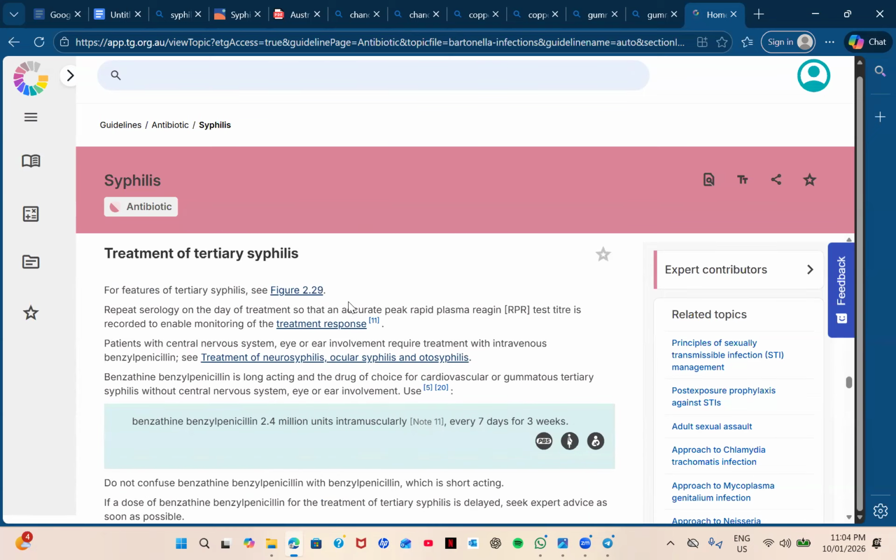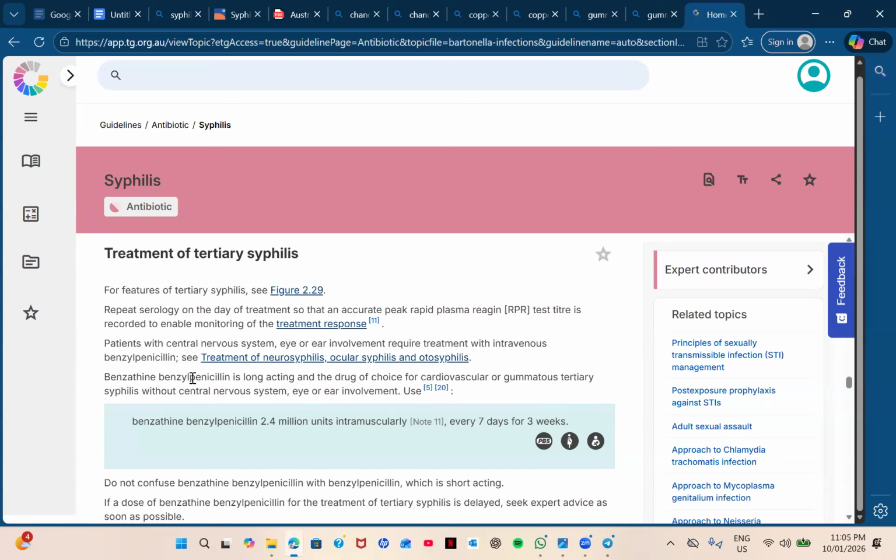Then treatment of tertiary syphilis. How should we treat tertiary syphilis? Repeat serology on the day of treatment to get an accurate baseline rapid plasma reagin test titer, and record it to monitor the treatment response. Patients with central nervous system or eye involvement require treatment with IV benzyl penicillin.